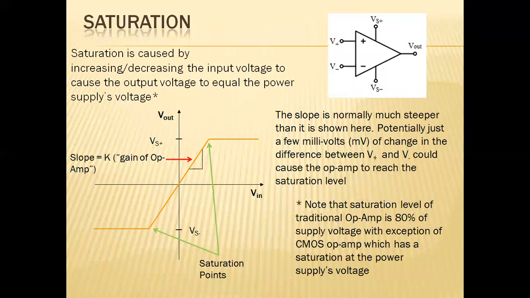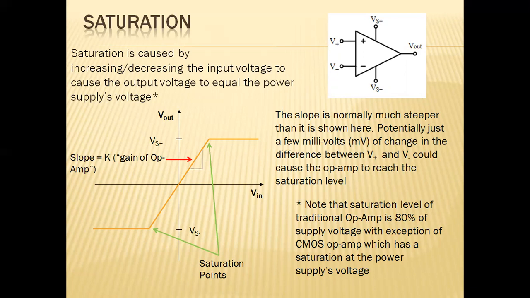So in the nominal mode of operation of this operational amplifier, what are the different conditions that take place, and what are the saturation points for positive voltage and negative voltage?